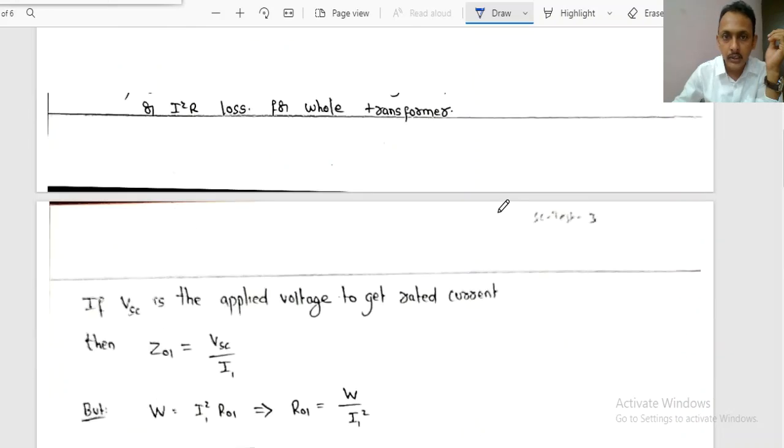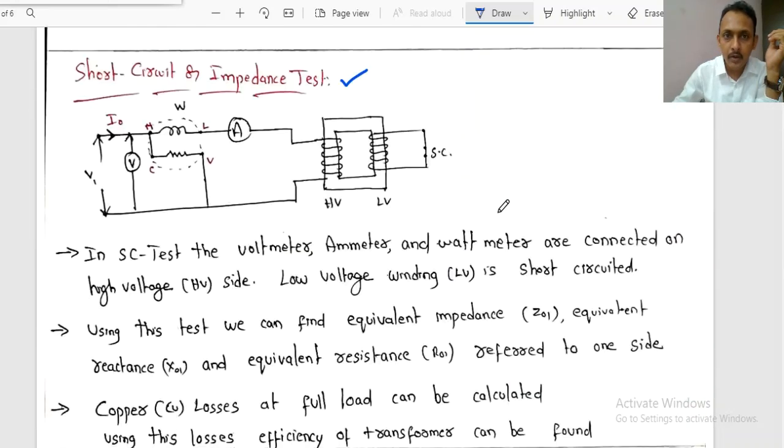Dear students, please observe with respect to the short circuit or impedance test. For a given transformer, the low voltage winding, the LV side, is to be short circuited. This is very important. The low voltage or LV side of the transformer is to be short circuited. Now the ammeter, voltmeter and wattmeter will be connected on the HV side.